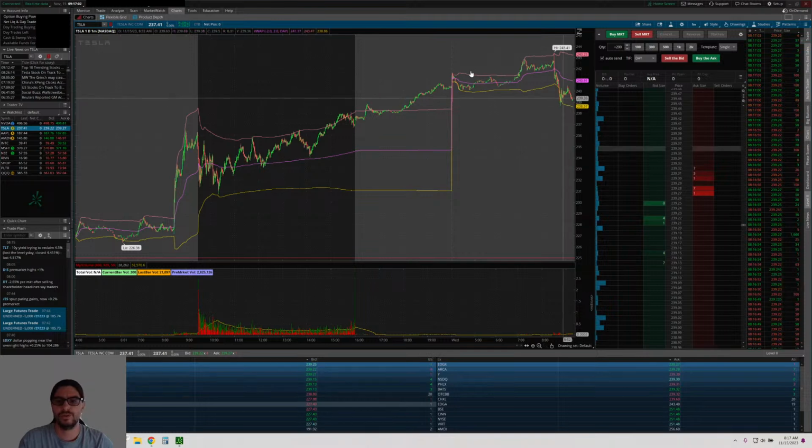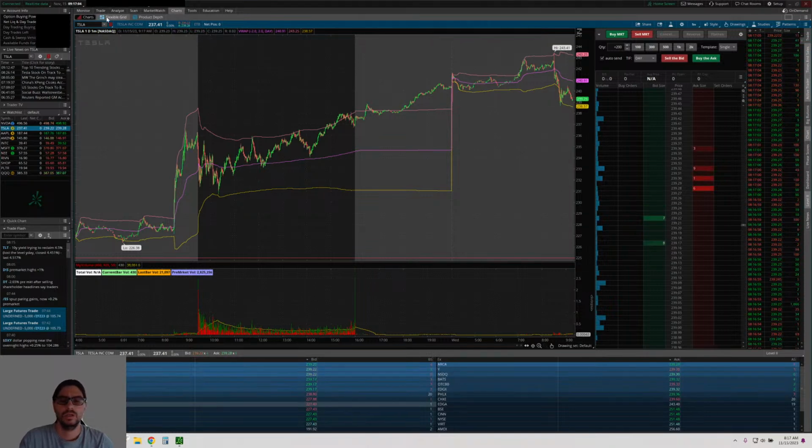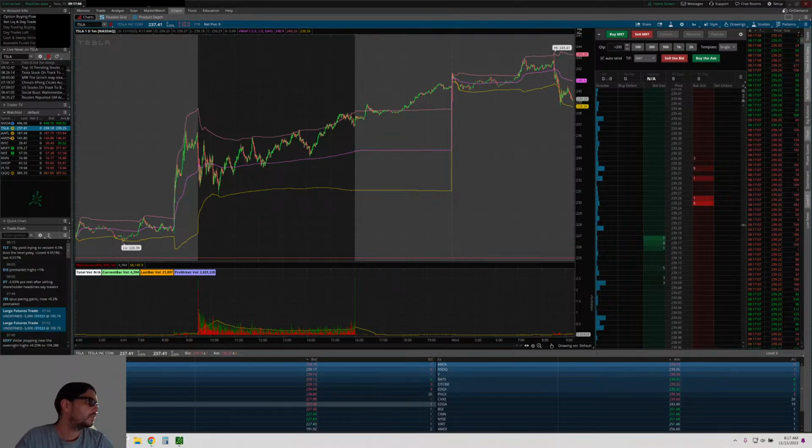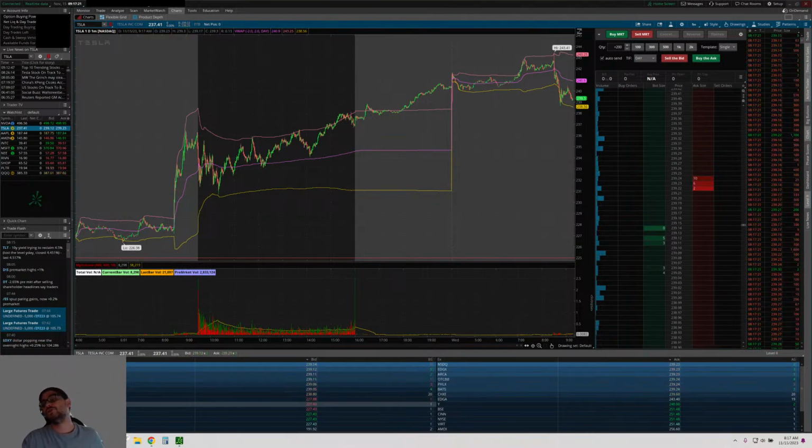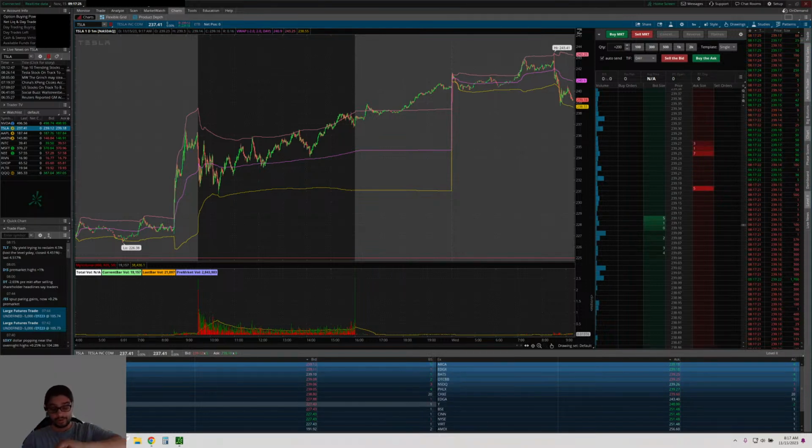Did dip below the 240. So might get an early morning dip, although even with that early morning dip, it would still be worth buying that option from yesterday, because the implied volatility, or the range that it could trade, wouldn't be a big problem at all, and you would still be in profit.